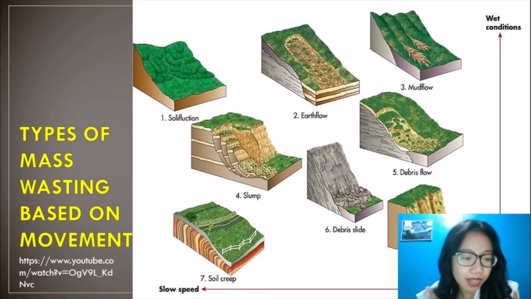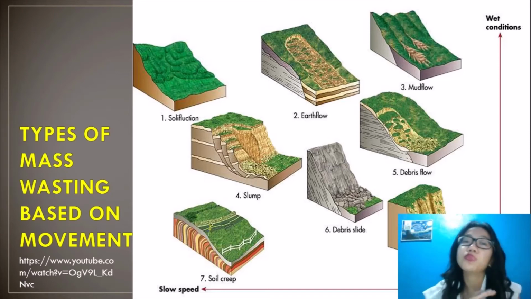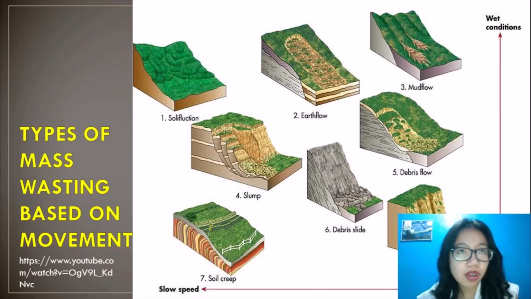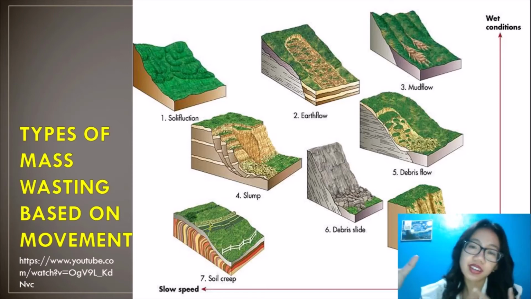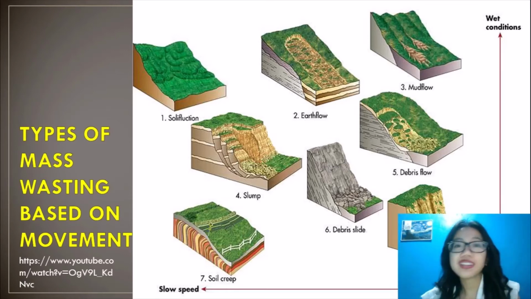Okay, so let's try and classify the examples that we have shown you. We have 3 examples of mass wasting events in the video. So first, if you can recall, it's a slow movement where people can even walk on the mass wasting event.